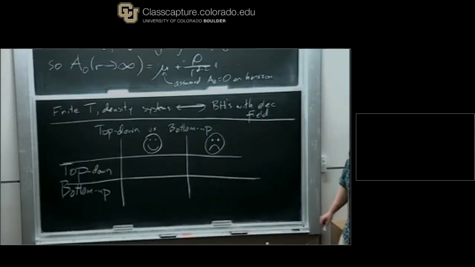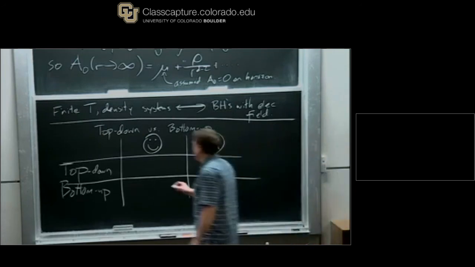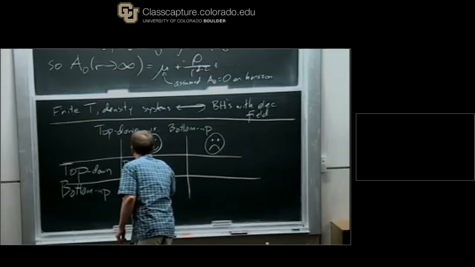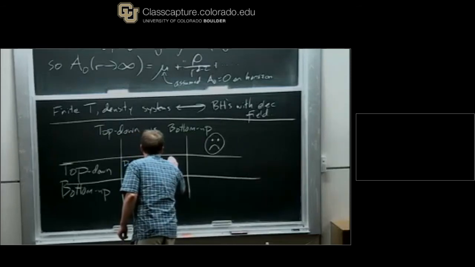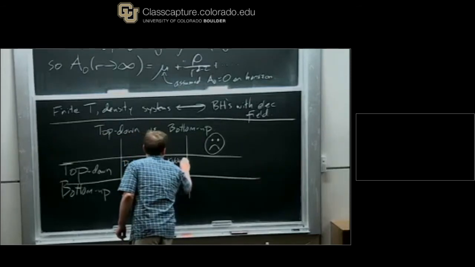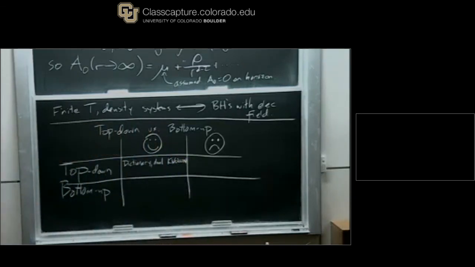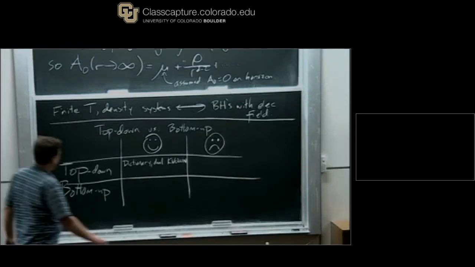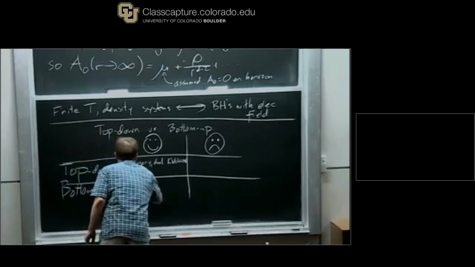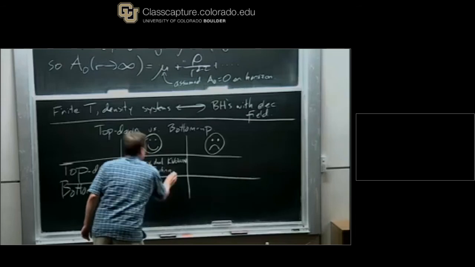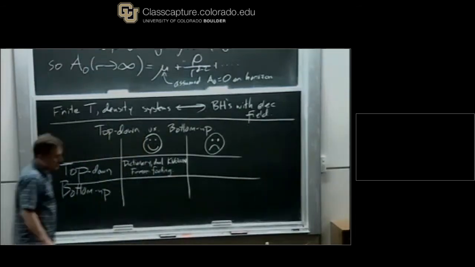And the good thing about top-down is that the dictionary and the dual field theory are really known precisely. If you do a calculation in AdS5 x S5, you can say this is N=4 super Yang-Mills. That's the theory that I'm looking at. And so your whole calculation is on firmer footing. But nobody's perfect.